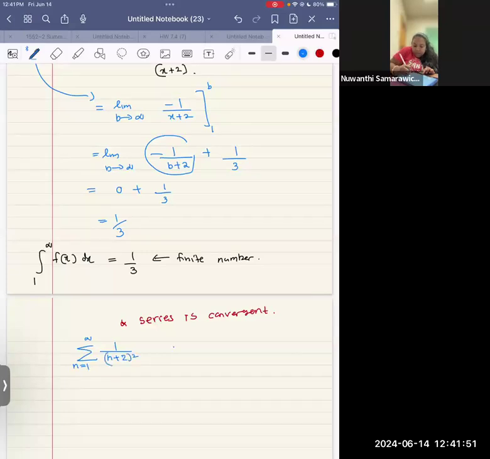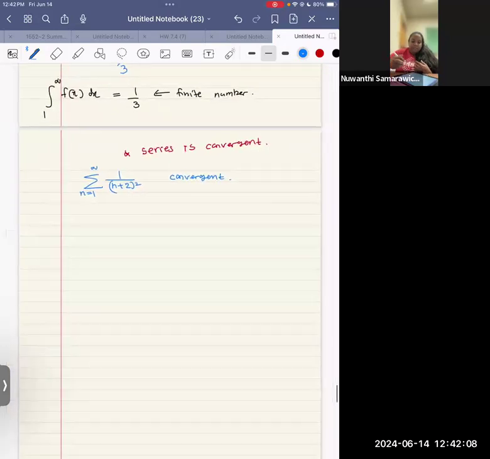So this is convergent. Okay, it's fun. I know you have to do much work to use the integral test, but if you like doing this, it's fun. So let's do another example.